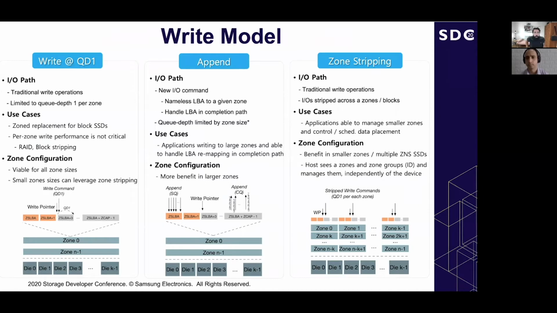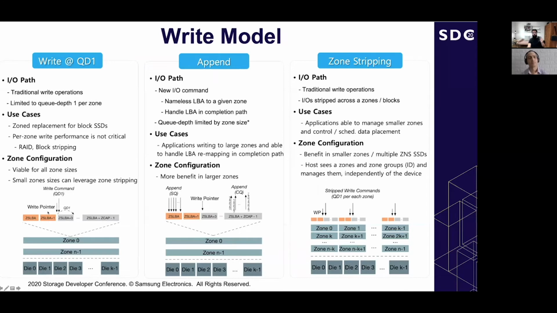So the write model: once you have this ZNS model, we again see three different ways of writing to a ZNS device. First one, most simple and obvious, is writing at queue depth 1. Why is this necessary? This is because on a zoned device, we have the concept of the write pointer.